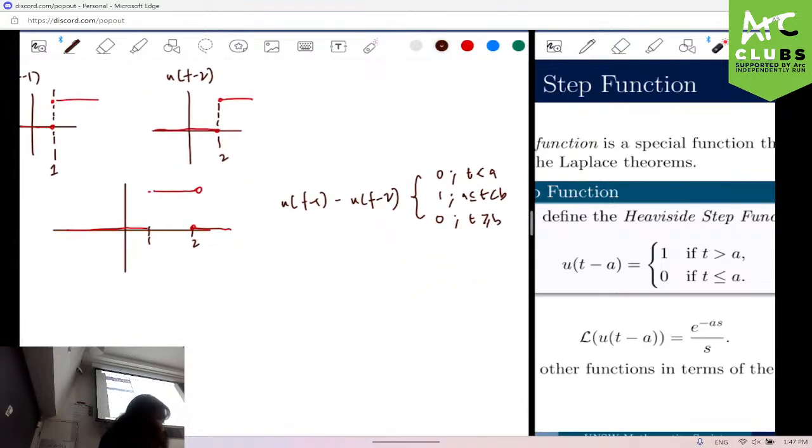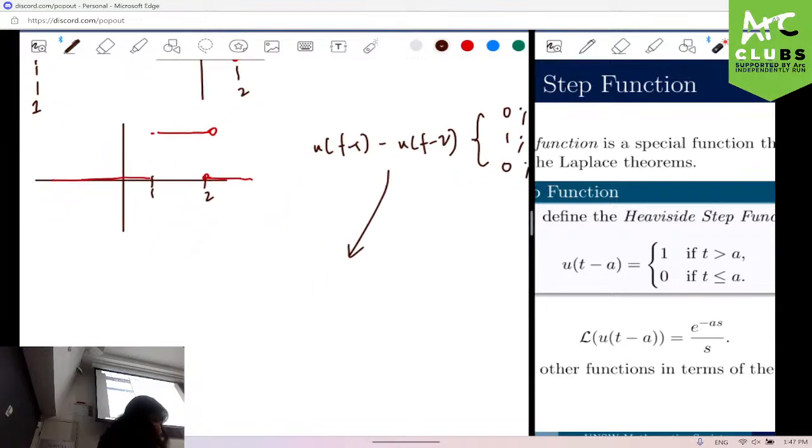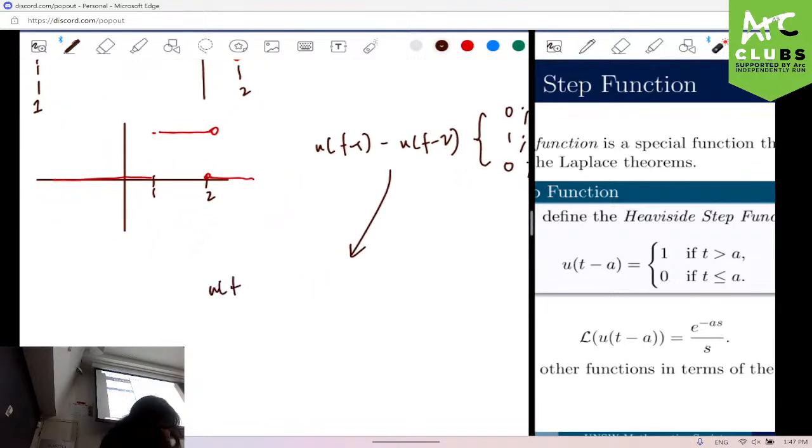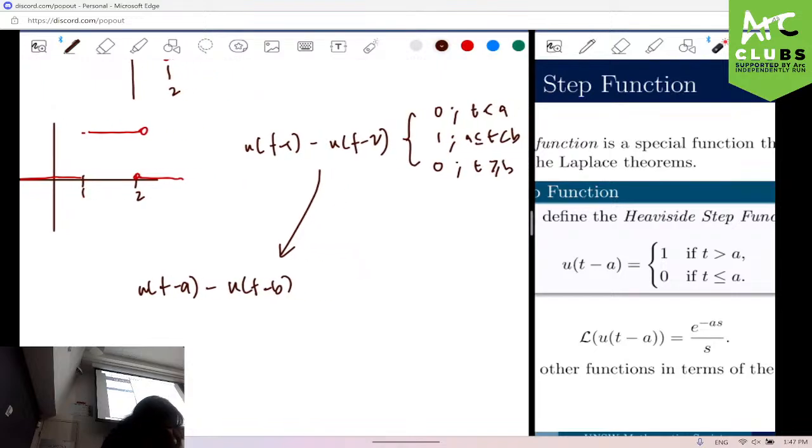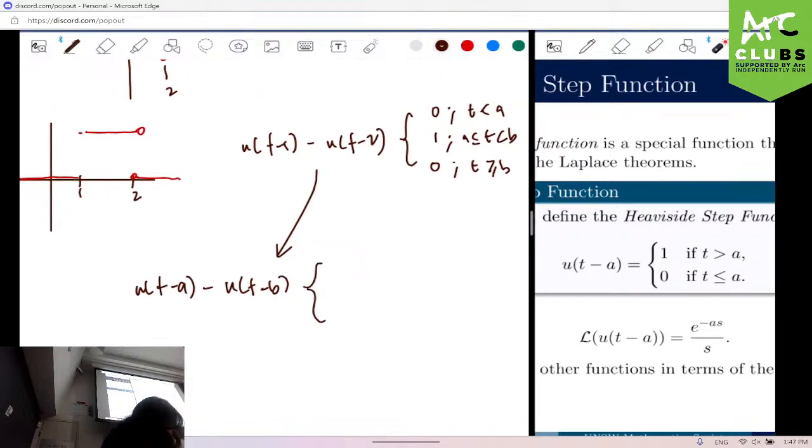So this can be generalized into u(t minus a) minus u(t minus b), which equals 0 for when t is less than a, it's 1 for when it's between a and b, and it's 0 for when t is greater than b.